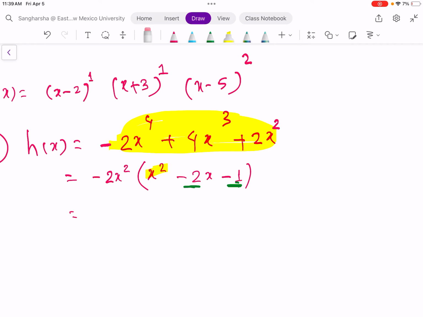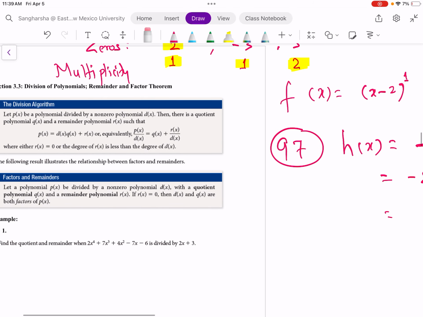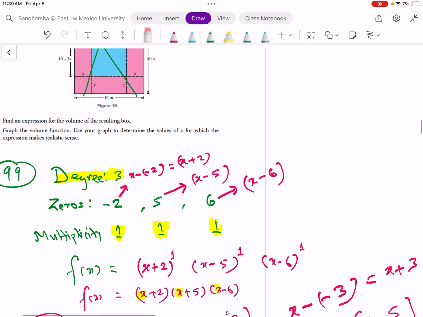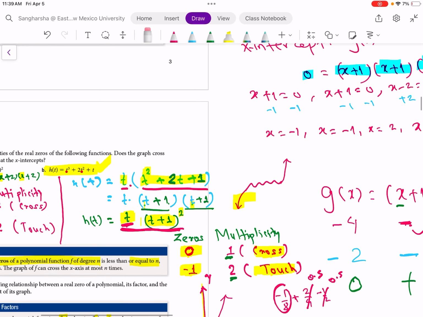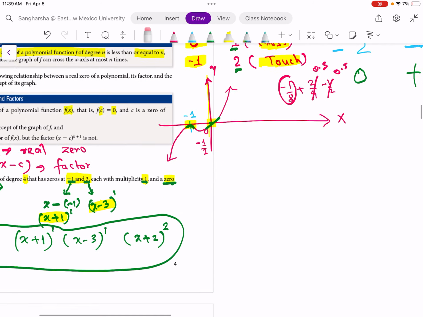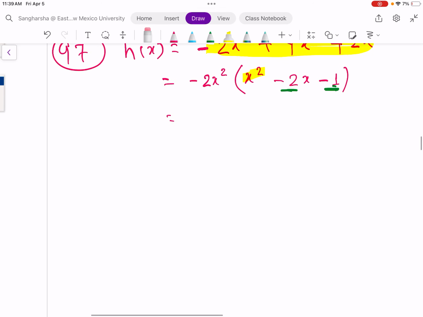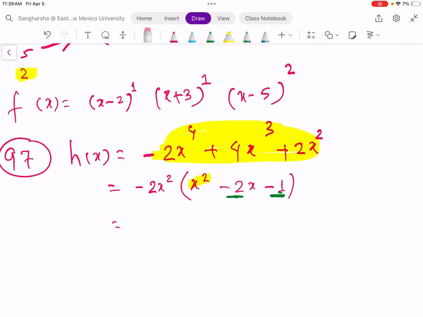If you factorize this one, you're going to have an irrational number, and that's what we don't want here. For number 97, it's okay if you don't graph this function. You just write down the function in factor form. This is the final answer, and you are not required to graph for this problem.